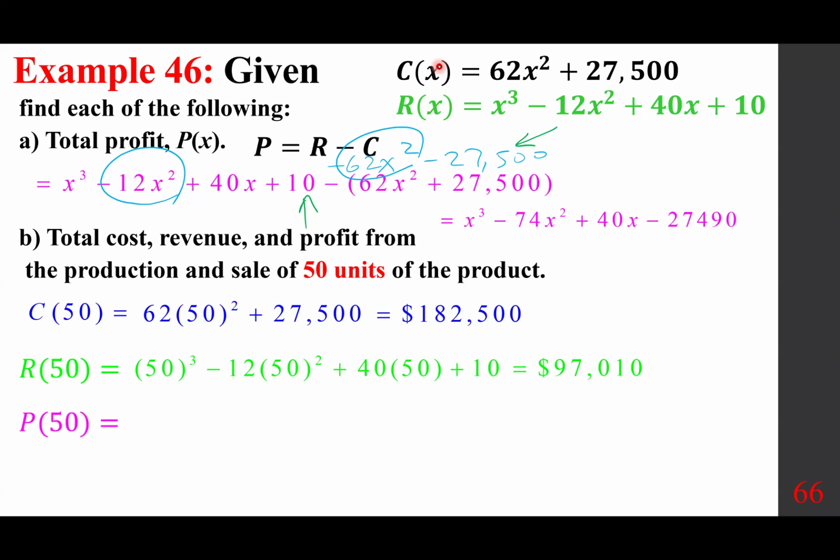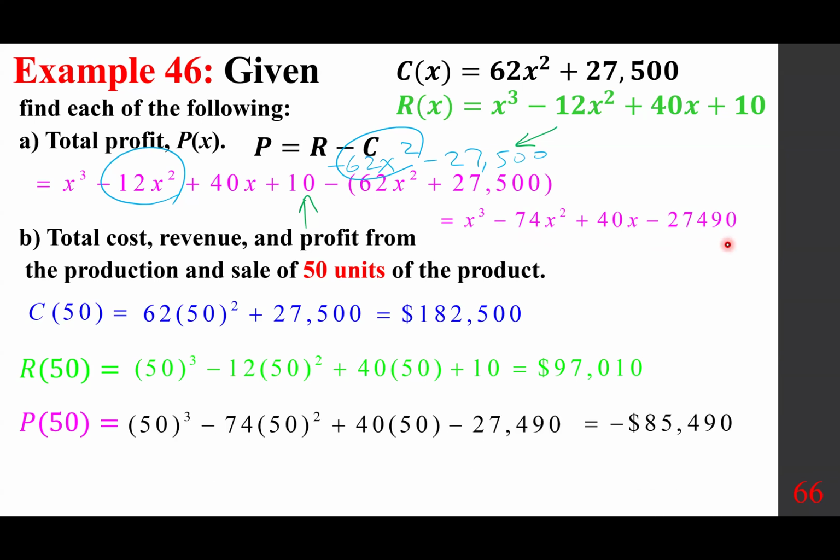The P of 50, my apologies. Just plug in: 50 cubed minus 74 times 50 squared plus 40 times 50 minus 27,490. Put it into a calculator, you have the answer.